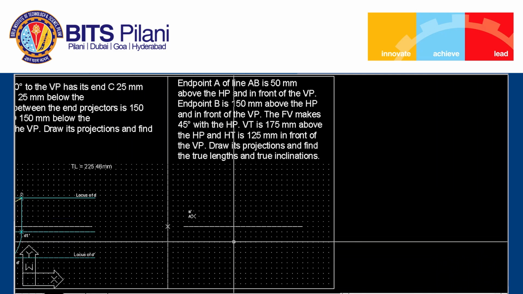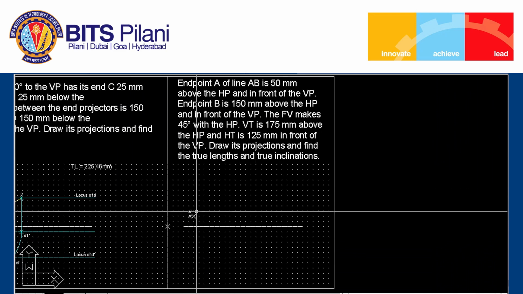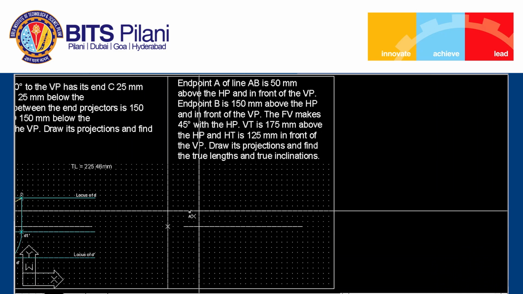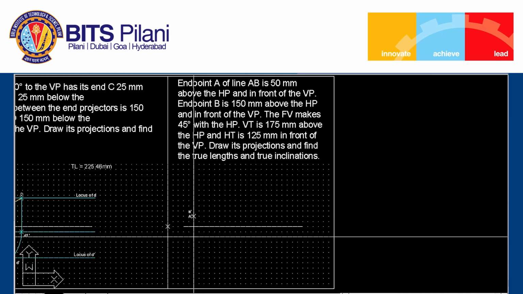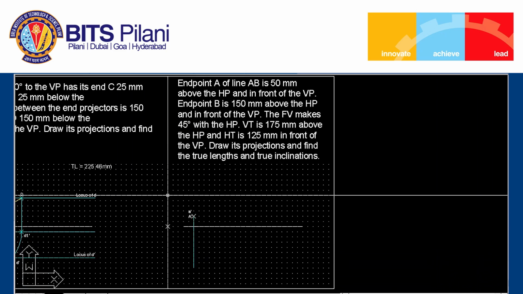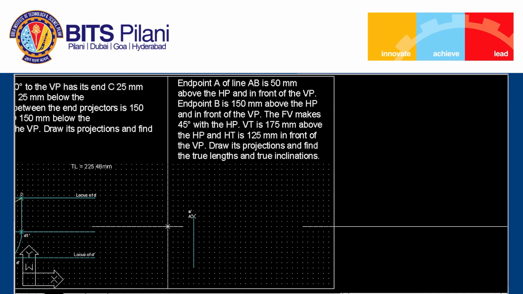I can draw the projector line through it, and on this projector line there will be point small a, but we do not know the position. Similar way we can draw the locus for point B prime, which is 150 mm above HP. So we can draw the line 150 mm above the HP.